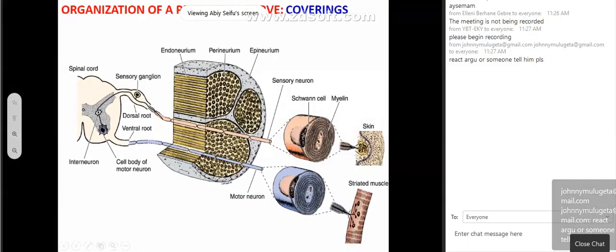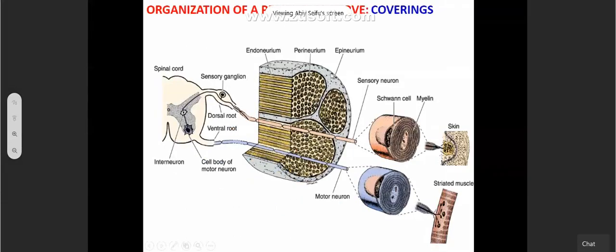Many bundles together are protected by epineurium. But if you take out this axon, it's protected by endoneurium. You can see this one, endoneurium.